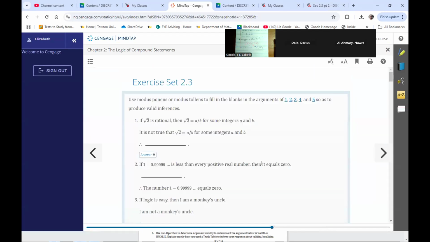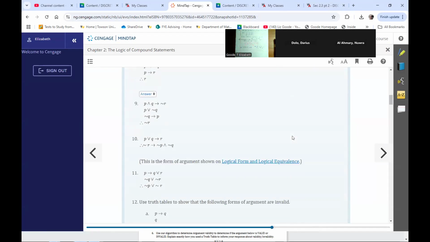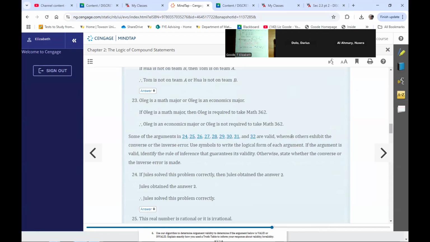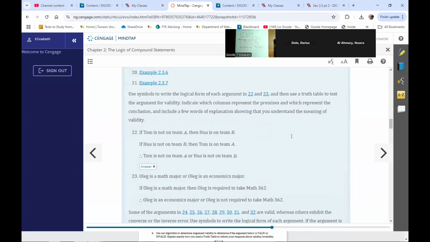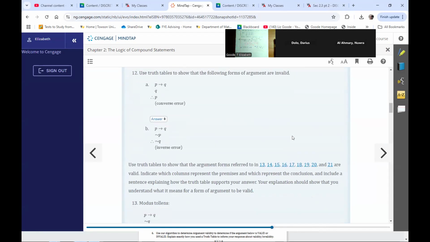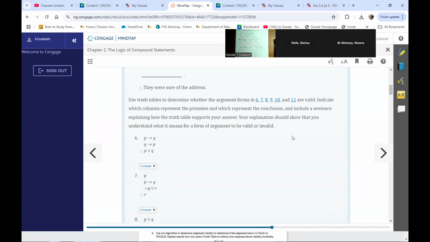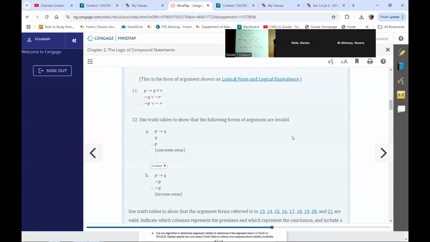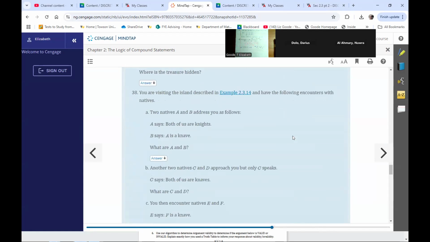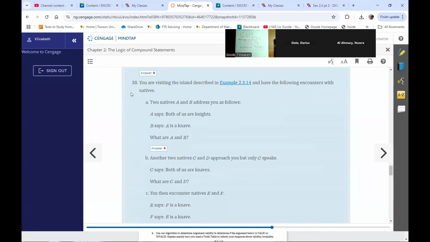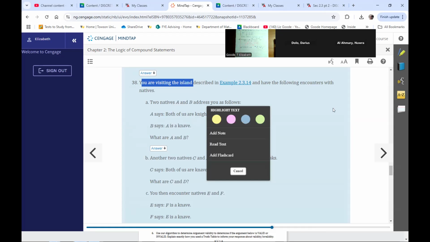Exercise set 2.3. If you look at number 38. Okay, so number 38 talks about this island. It's called the Land of Knights and Knaves.